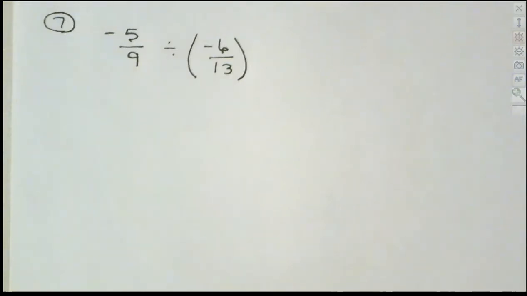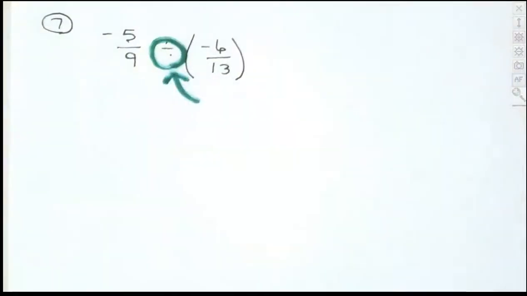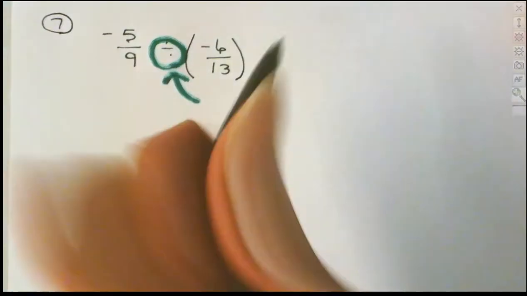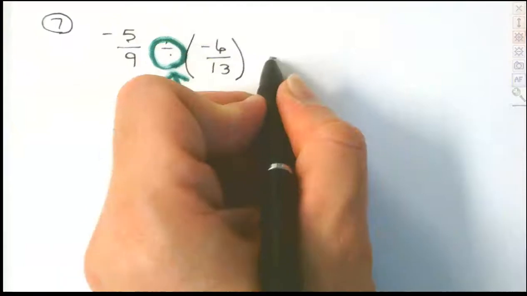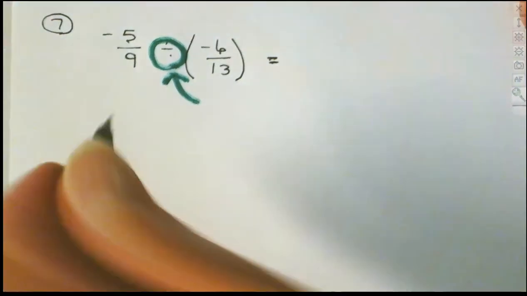So when we have division in fractions, we can't really work with the division itself. So what we do is we take this division symbol here, and we need to make that multiplication. And how do we make that multiplication? Well, we can turn division into multiplication by using the reciprocal. So the first fraction always stays the same.